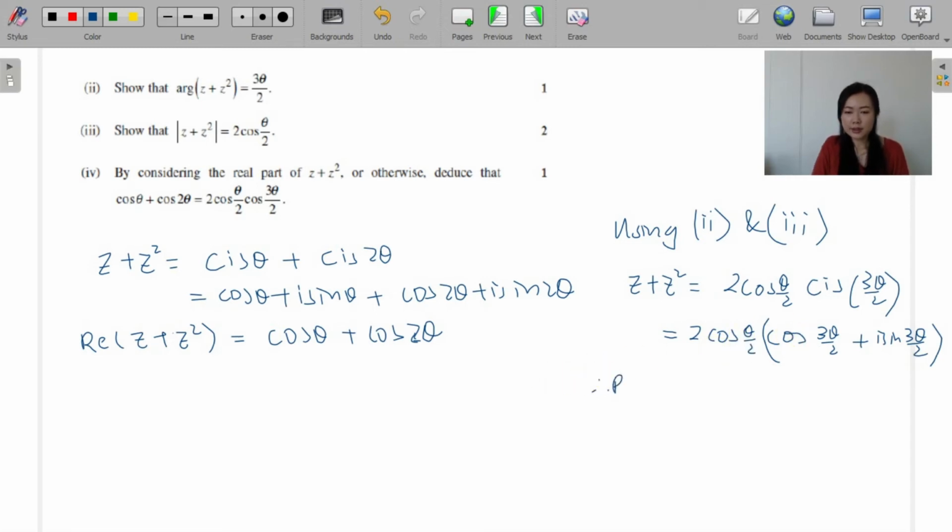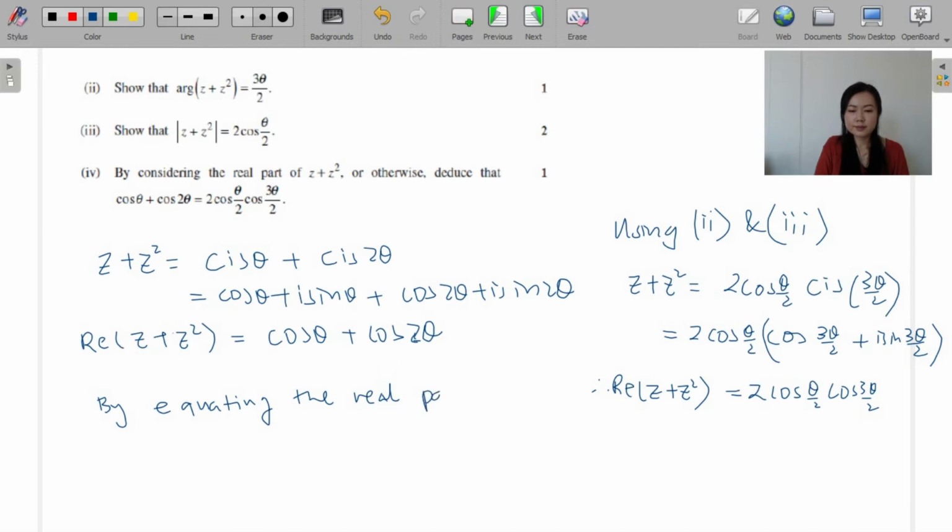So that is equal to that. And that's it. That's simple. It looks complicated, but it's incredibly simple.